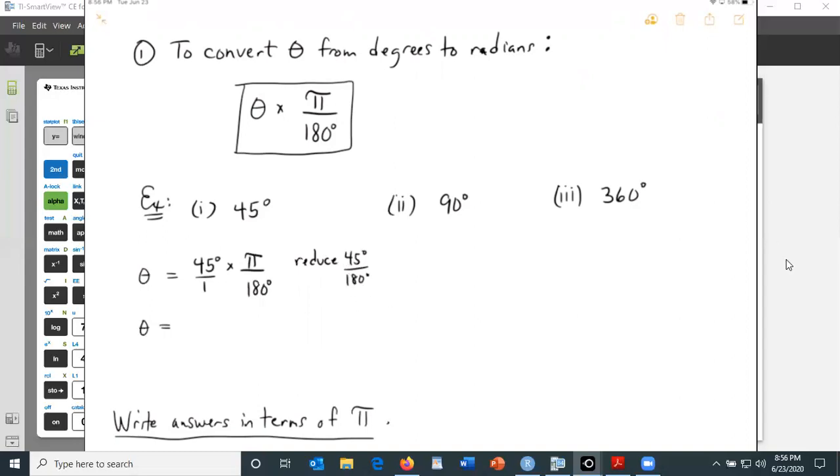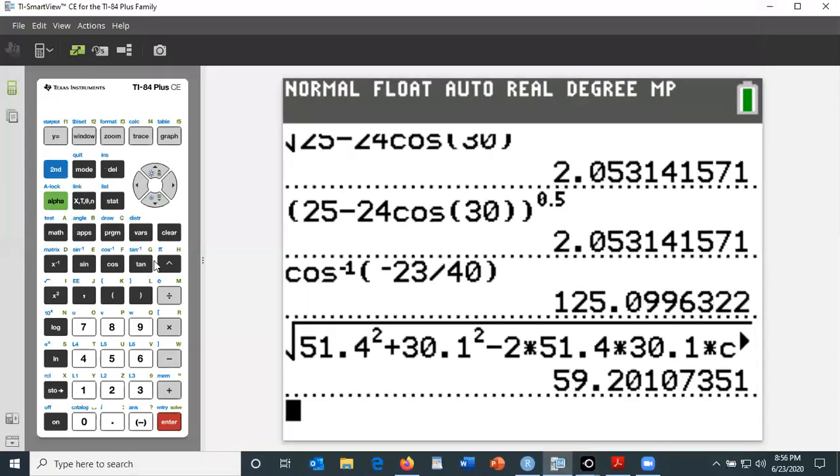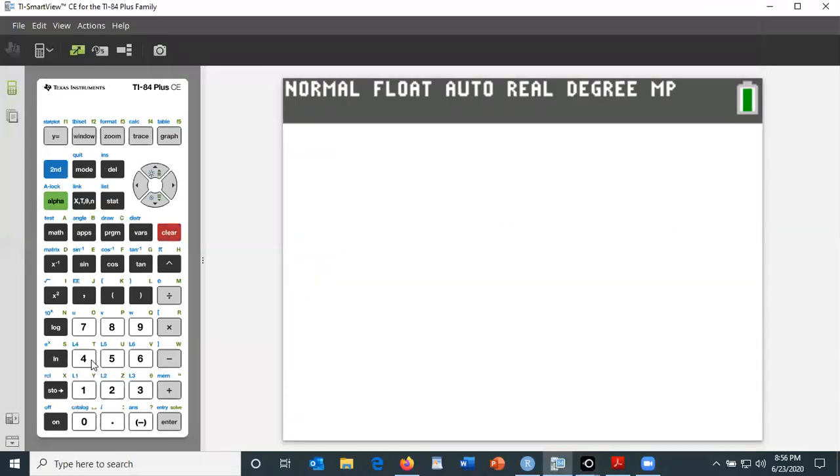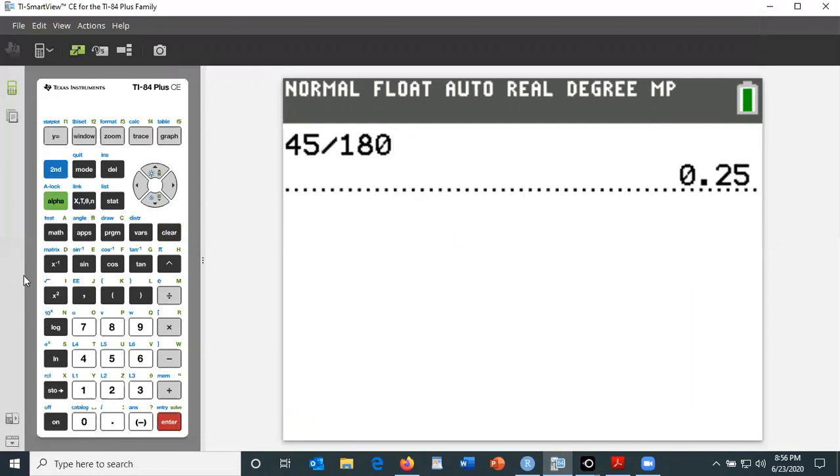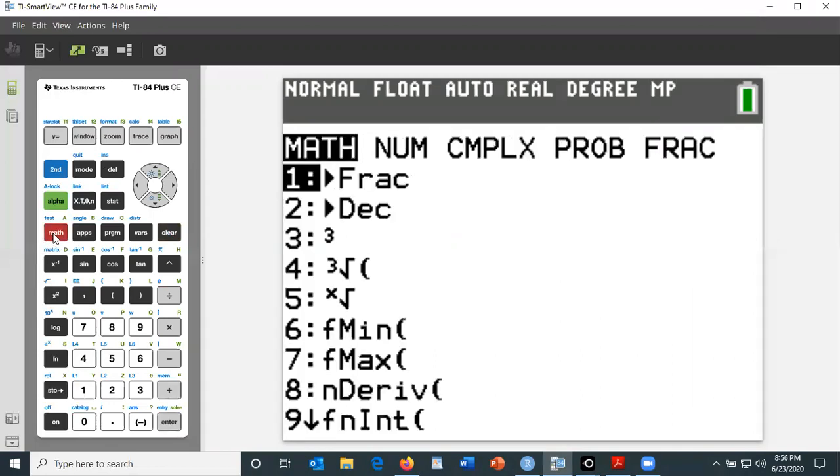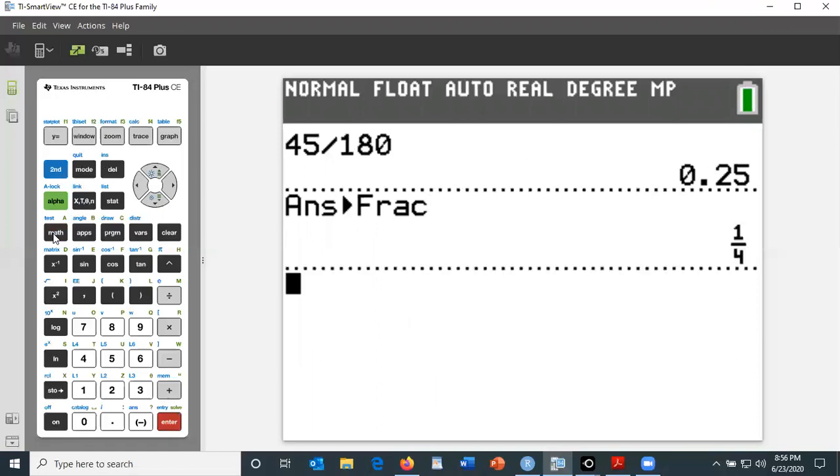Could you reduce that? If you don't know how to do that, here's how you would do it. Type in your calculator, 45 over 180, hit enter, and then math frac, remember that? Convert a decimal to a fraction. Hit number 1, frac, and enter. So 45 over 180 reduces to 1/4.